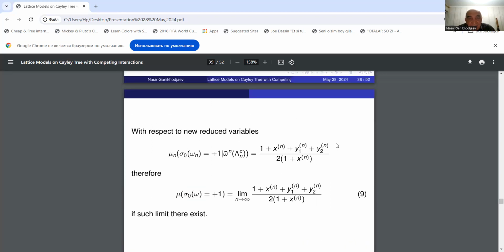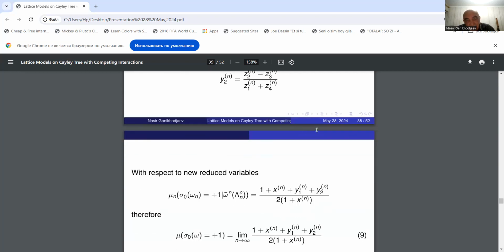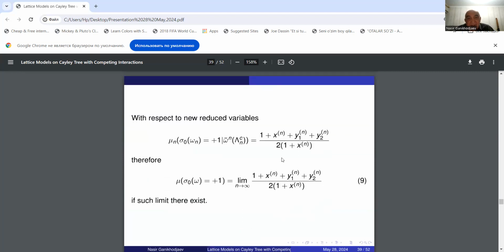Now, replacing from here, we can express Z1, Z2 from X, Y1, Y2, the new variables. And our previous conditional Gibbs measure will be equal to this ratio.